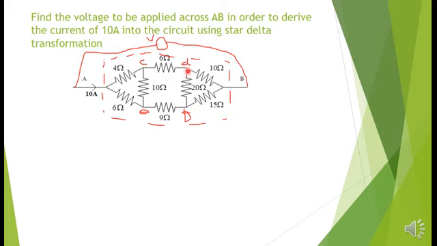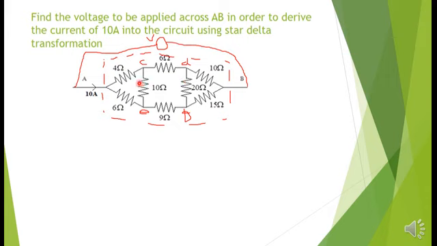I can reduce simultaneously only because the two delta networks DBF as well as ACE are isolated. There is no common element between these two delta networks. So simultaneously I can reduce by using delta to star transformation.